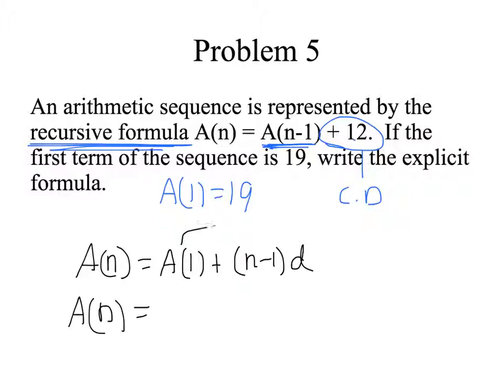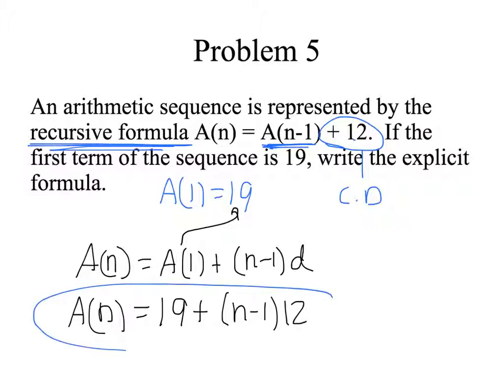The first term is 19 plus, and then we always have n minus 1 because you're going to be multiplying by as many times as you need except for the first. And the common difference is 12. So the explicit formula for this sequence is a sub n equals 19 plus n minus 1 times 12.